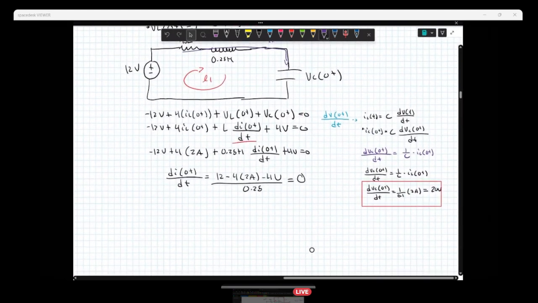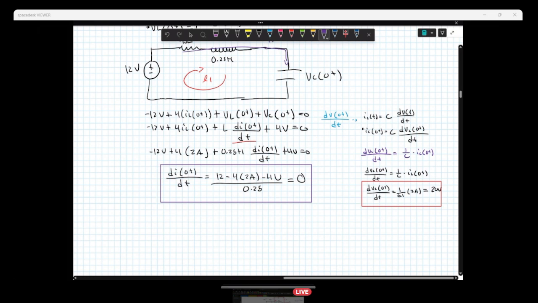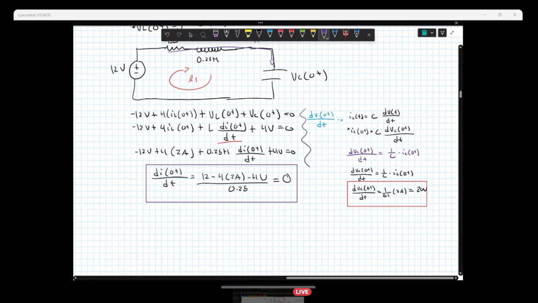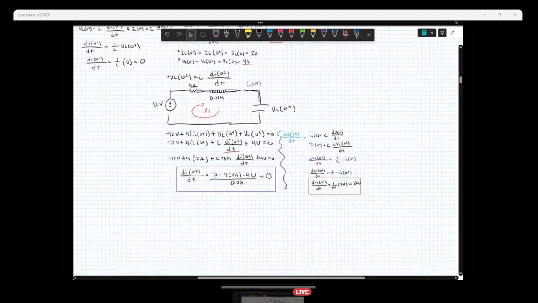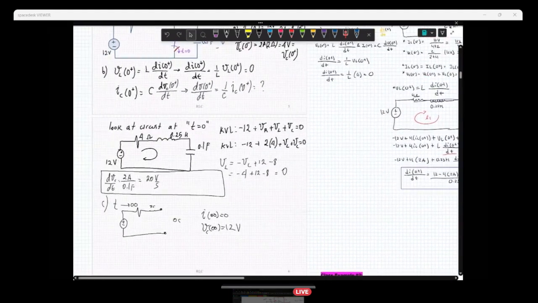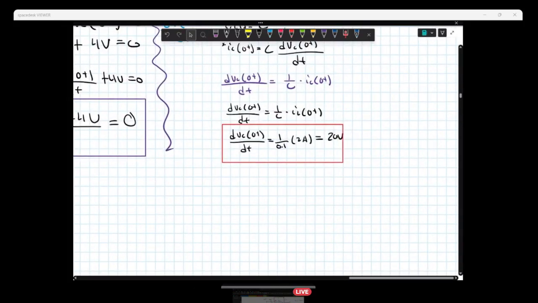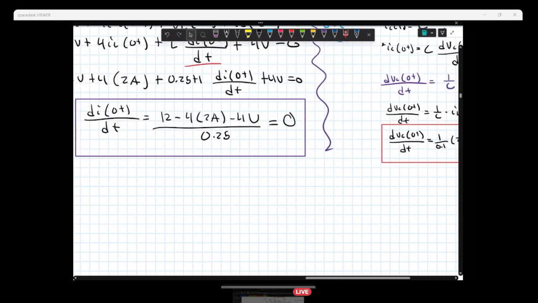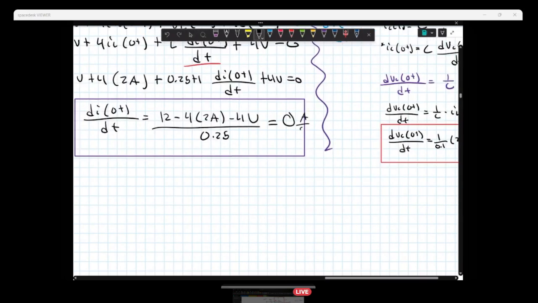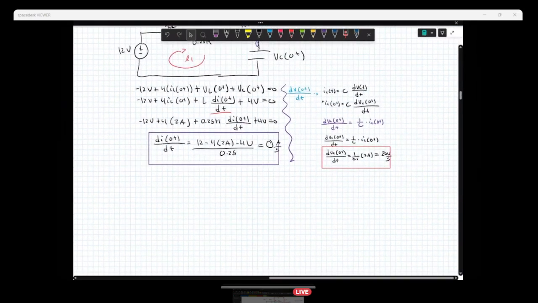So this was solving for the di, and this solved for the dV. Make sure I got the same answer. Yeah, 20 volts. Oh, sorry, these are in terms of time too, so it's gonna be seconds. This would be amps over seconds, but we don't have that because it's 0. Okay, so we did that.